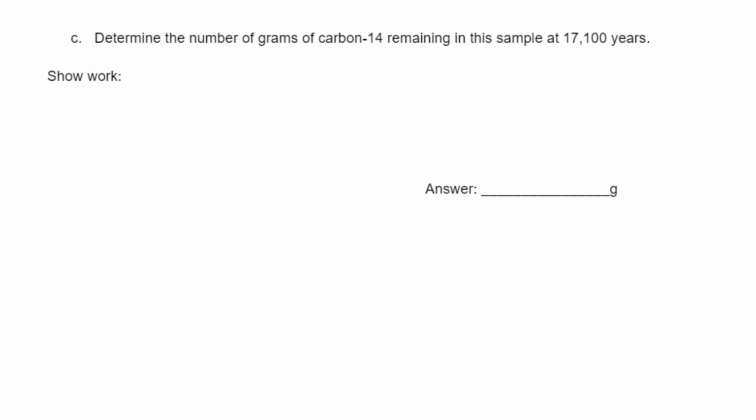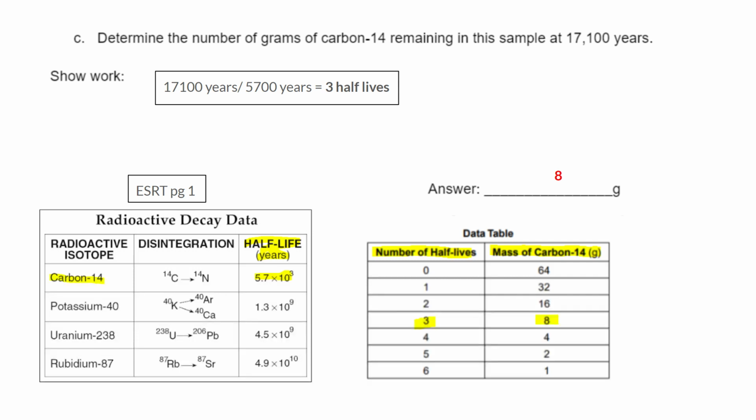So finally, C. Determine the number of grams of carbon 14 remaining in this sample at 17,100 years. To figure this out, I need to figure out how many half-lives carbon 14 went through in 17,100 years. I know one half-life for carbon 14 is 5,700 years.